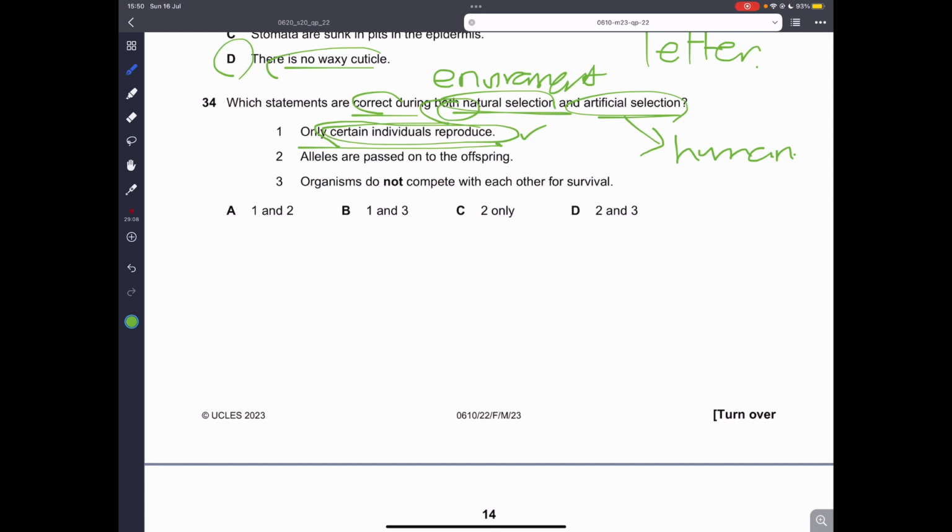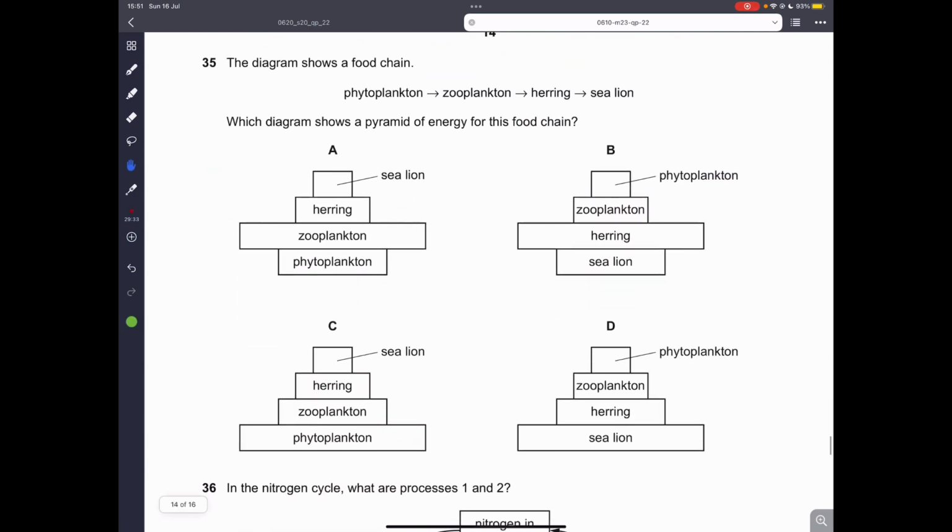For selective breeding as well, humans will crossbreed the organisms with the desirable characteristics. So statement 1 applies to both natural selection and artificial selection. The alleles are passed on to the offspring. This is correct. So 1 and 2 are correct, therefore A is the correct answer.